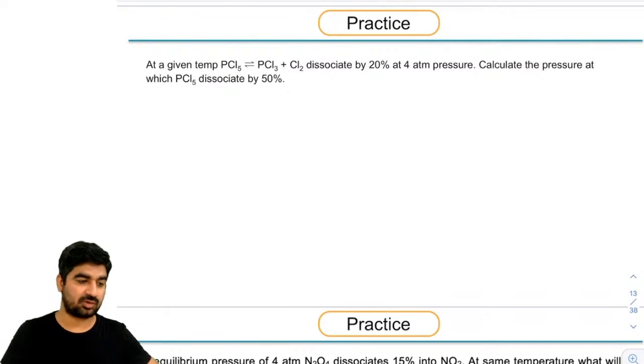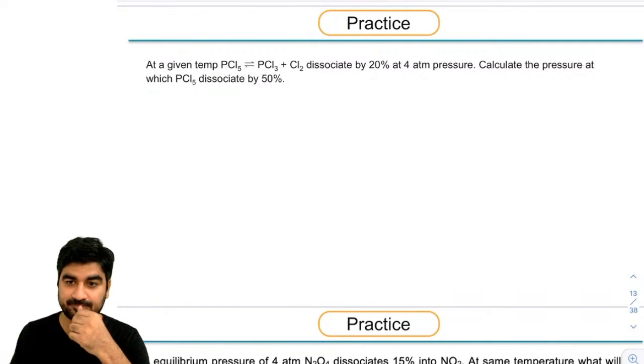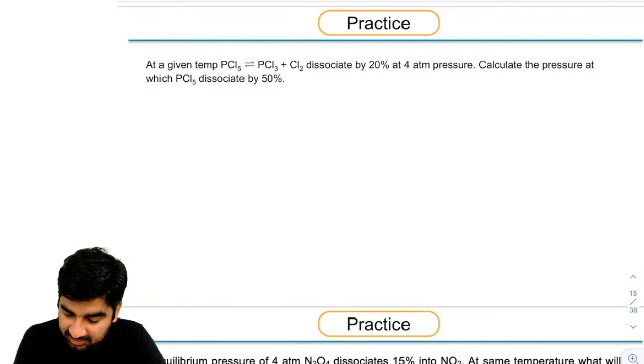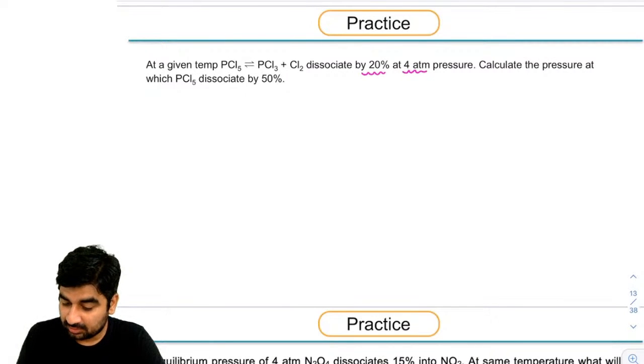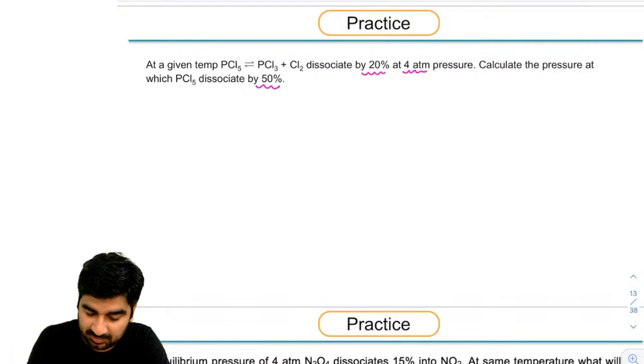So how will you solve it? It says it dissociates by 20% at 418. Now calculate the pressure at which it dissociates by 50%. So just write down the expression for it.